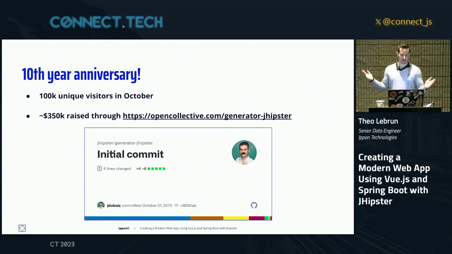So yeah, for the website, we have a lot of unique visitors, around 100K just for October. And also because it's fully open source, we have a platform to help us raise money. Open source work is cool and everything, but someone is working on it, and when you spend hours working kind of for free, it's not really ideal. So we decided to use Open Collective. We have people who donate money every month.